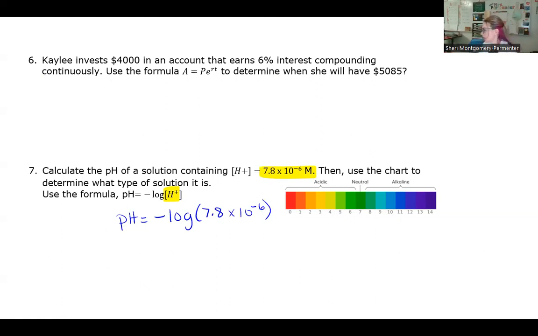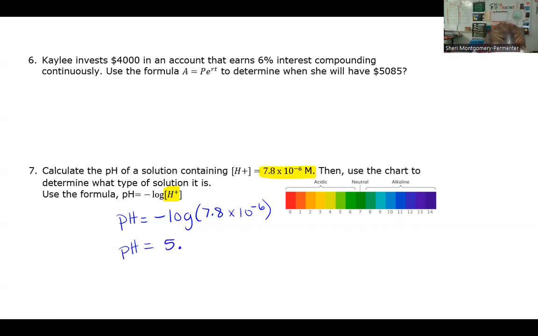So we're going to type it into our calculator, just like we see it. Negative and then log 7.8 times 10 raised to the -6 power. You type it in just like that. And you tell me what you get.